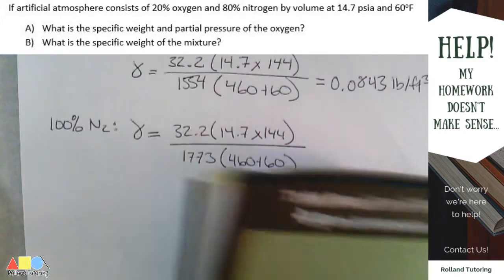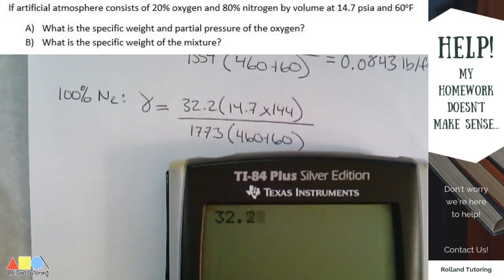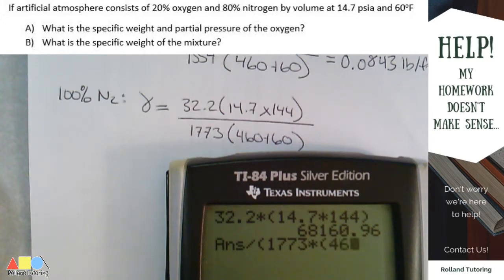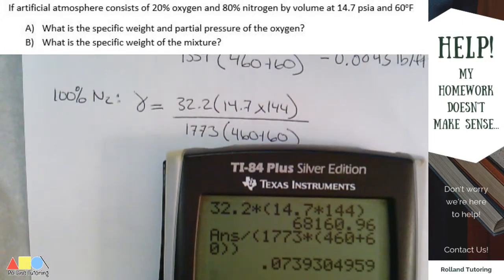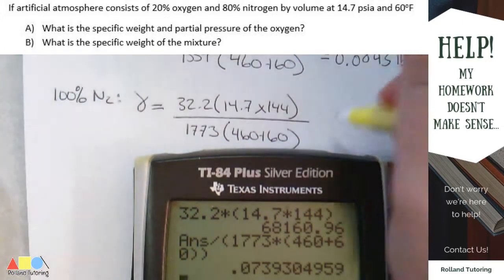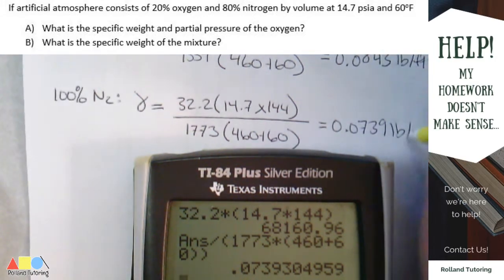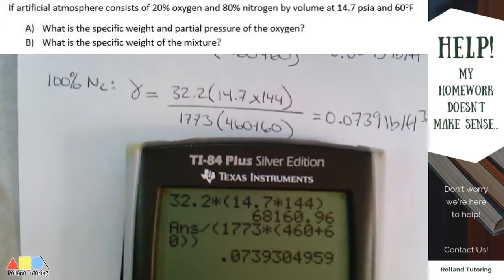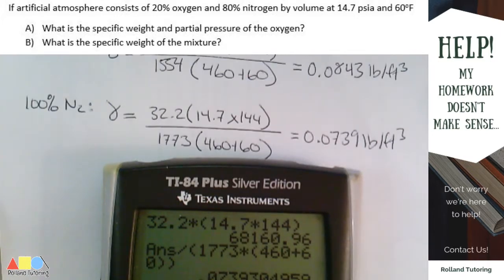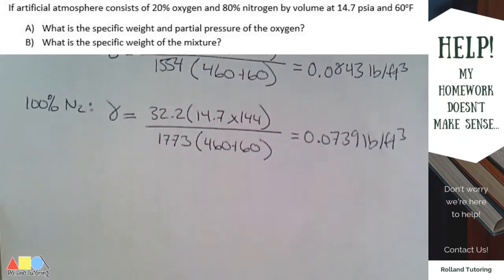We'll go ahead and type all of that in, and you should get 0.0739 pounds per foot cubed.